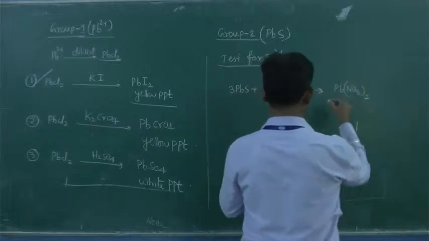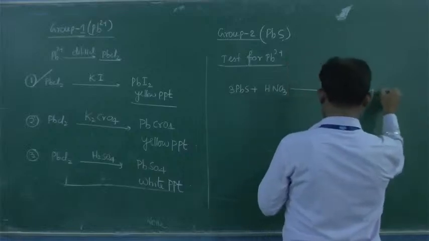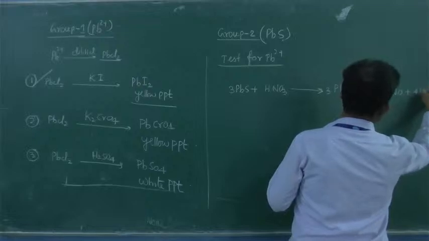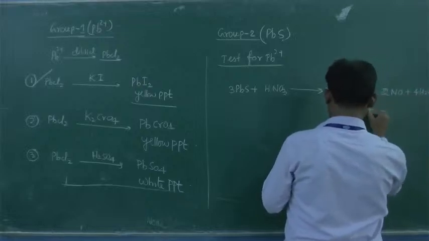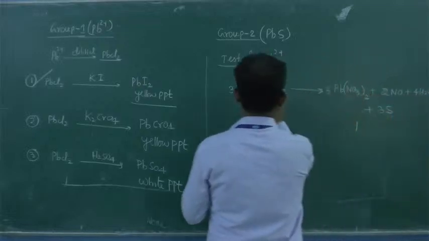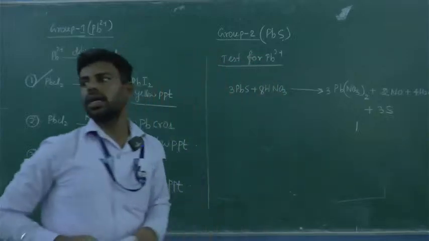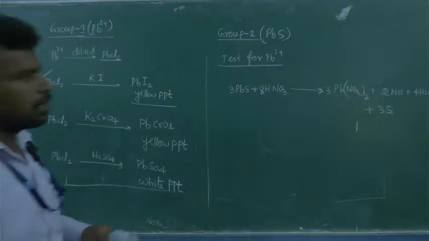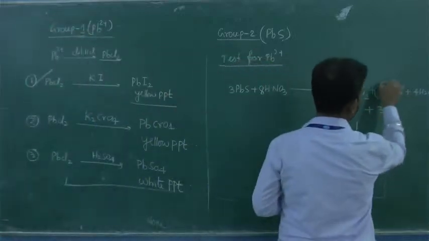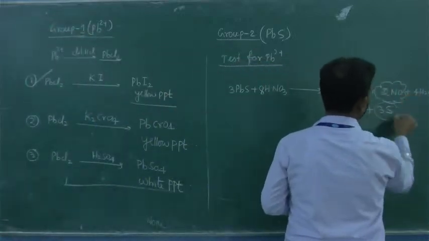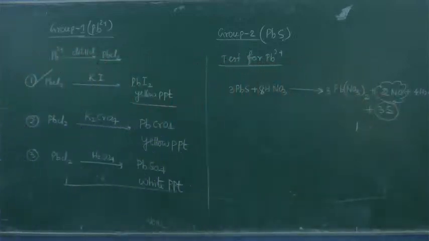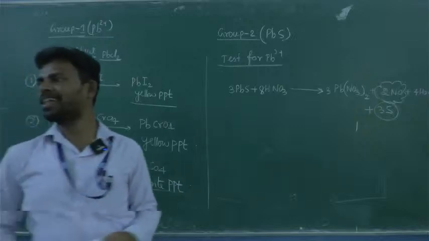The byproducts are going to be NO and 4H2O plus 3S. With nitric acid, NO is liberated along with sulfur. Is it clear?